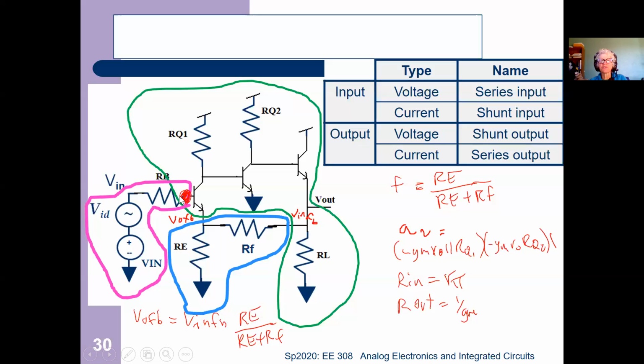So this is considered series. If you go up here to the input and you see a series input, that means the input to this amplifier is considered voltage.